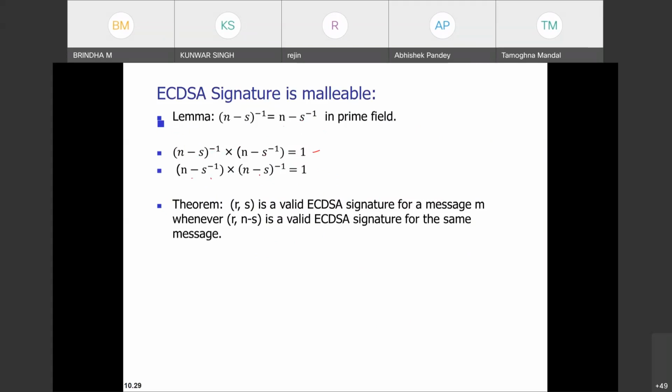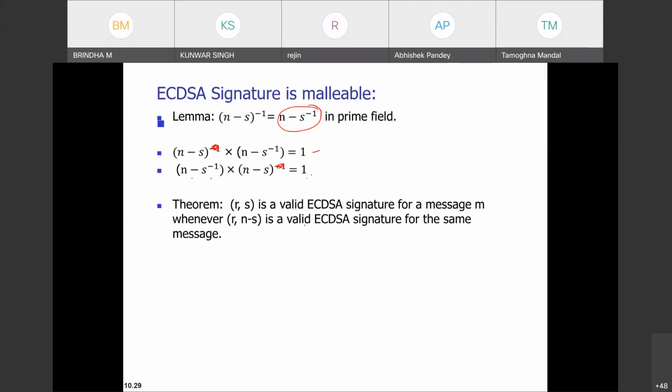Only then will it be the inverse of n minus s. If you multiply this with n minus s, you will get 1. In the different way also, if you try, it will come to 1.